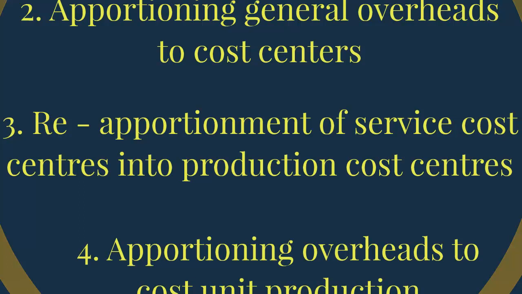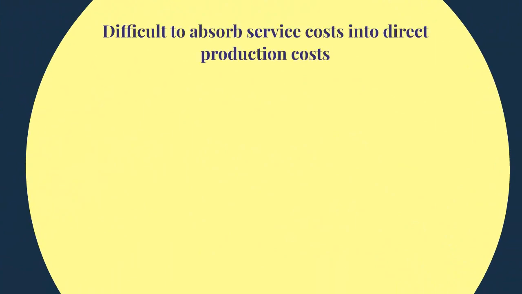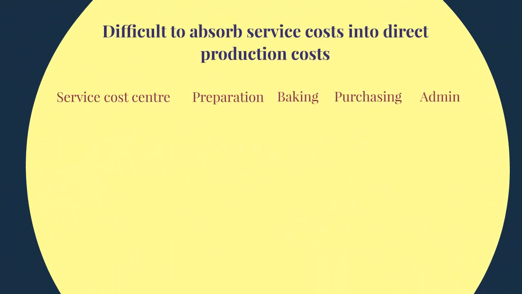So for example, that 145,500 that was applied to the purchasing cost centre needs to be broken down and applied to the baking and preparation cost centres. And this is done by calculating, well, you are usually given a figure representing how much work each service department does for the other departments.